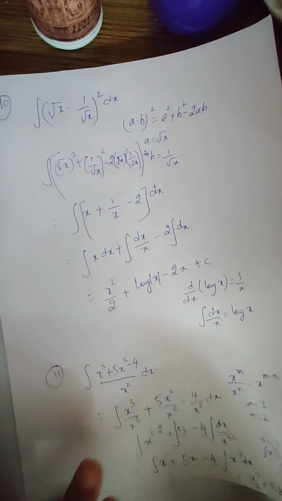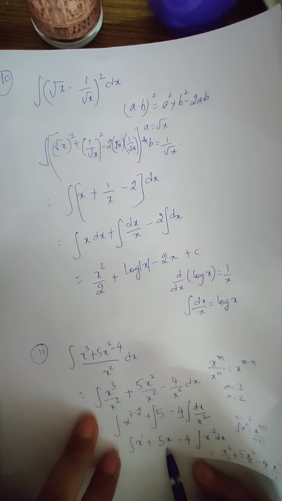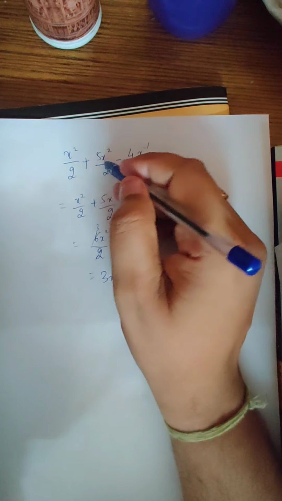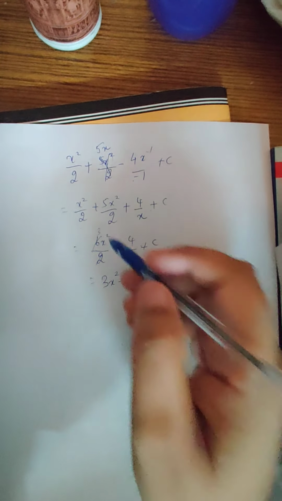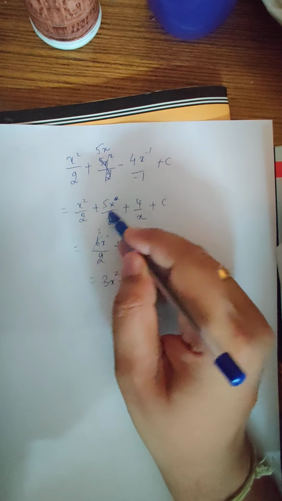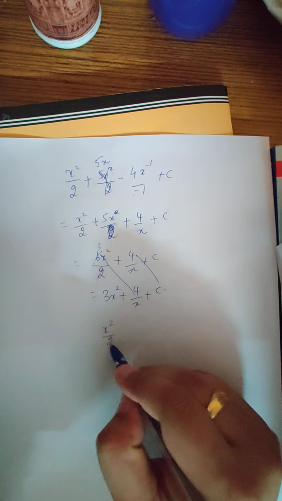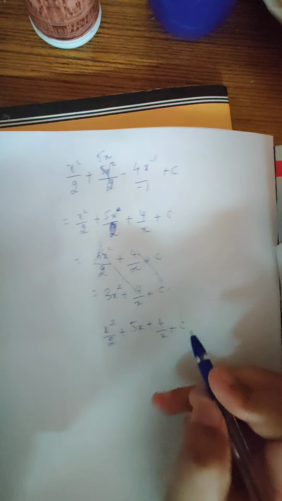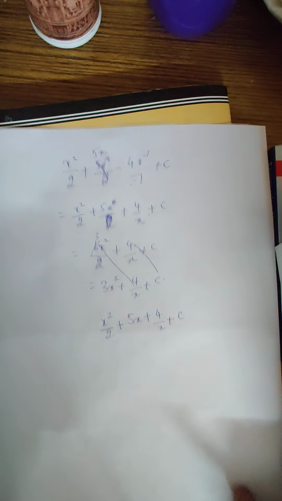This one is integration of 5, I had already taken the integration, so this will be only 5x, it's not x square. I actually did the double integration, so this will be 5x, so this one will be x square by 2 plus 5x plus 4 by x plus c.